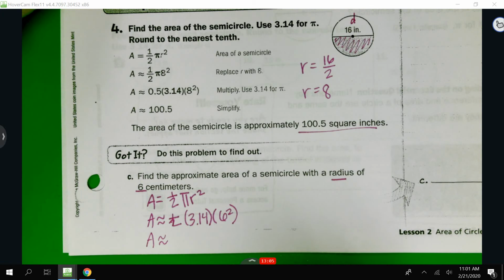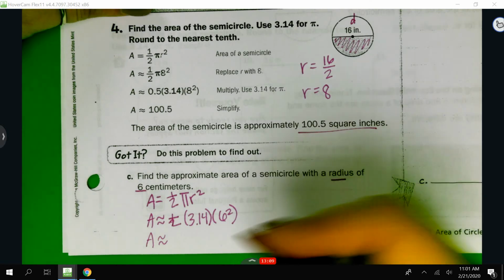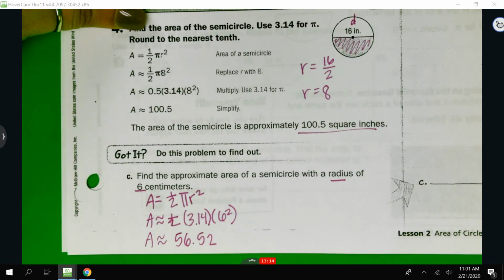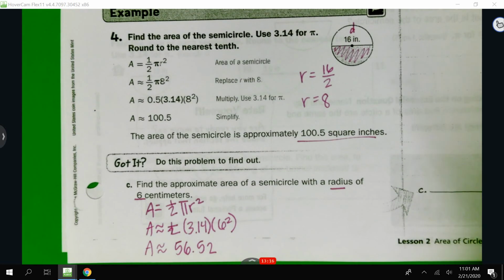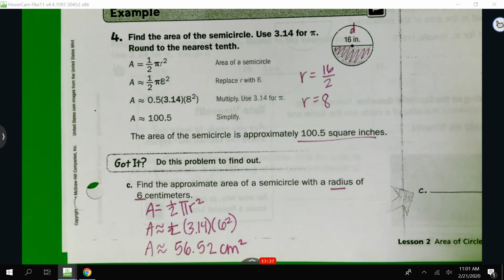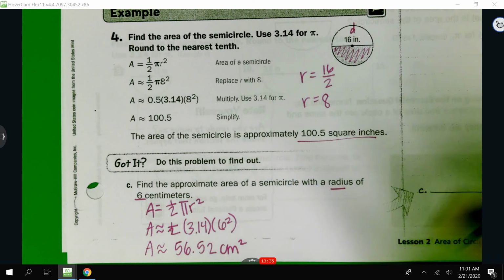So what's your area? 56 point what? Do we all agree with that? Is that my final answer? Centimeters squared. Any questions? Good? Okay.